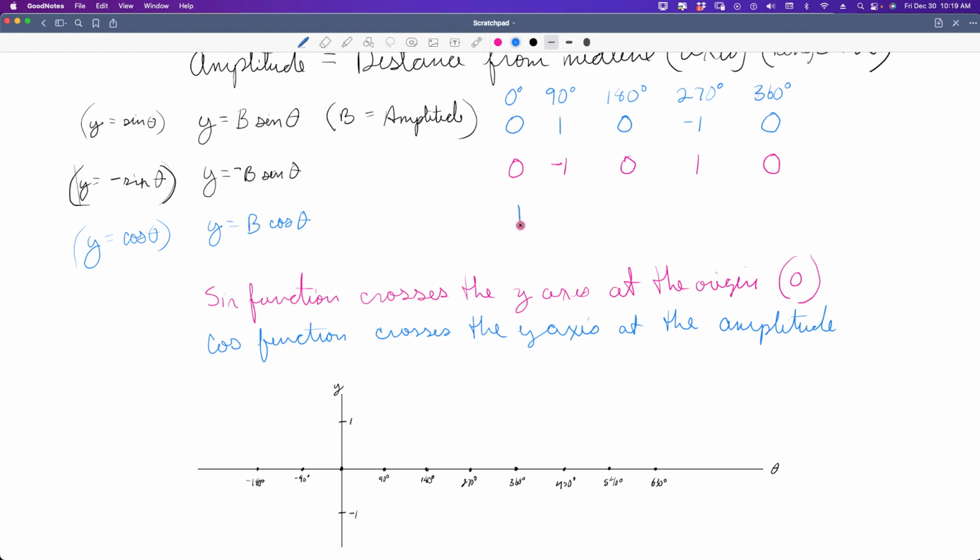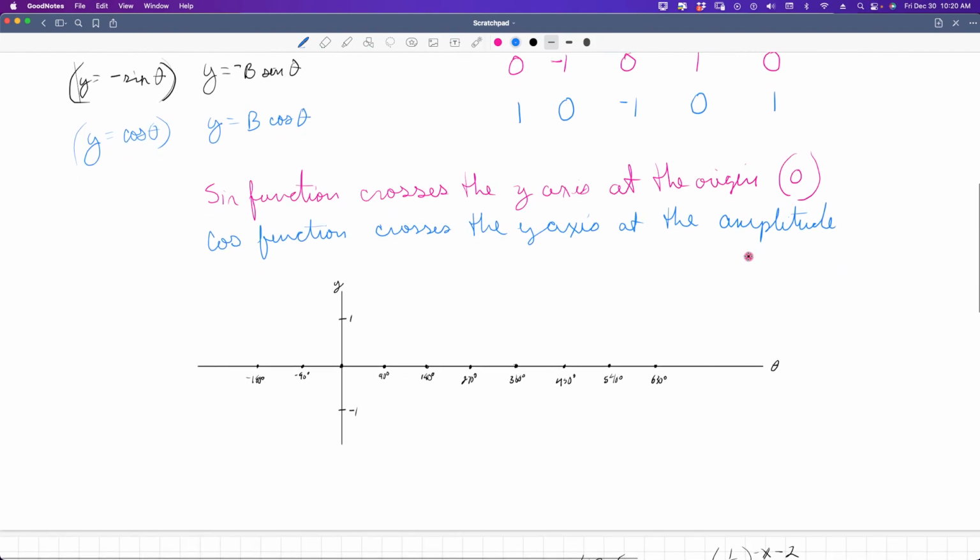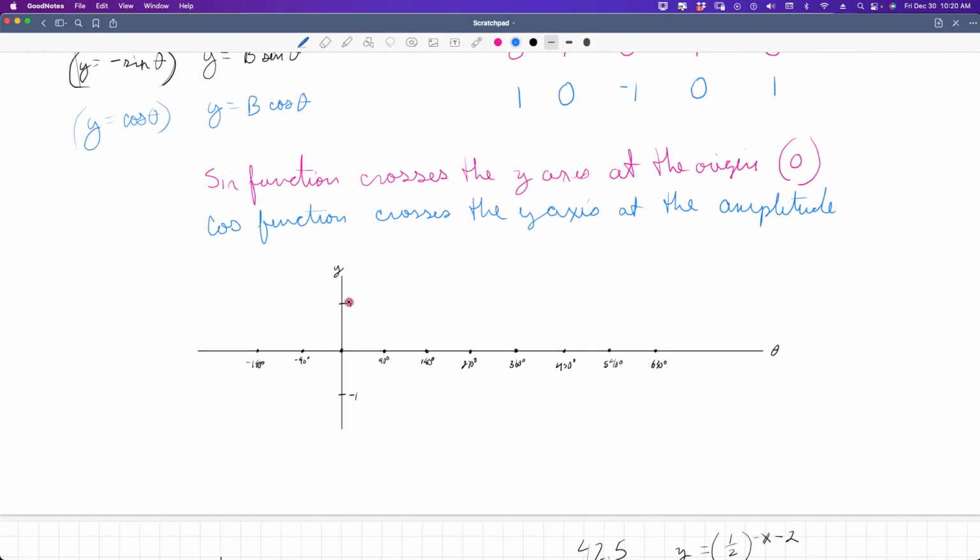So we're going to start at the positive 1, then go to 0, then go to negative 1, then go to 0, then go back to positive 1. So let's plot that down here. We're going to start at positive 1, then go to 0, then go to negative 1, then go to 0, then go back to positive 1, then back to 0, and so forth and so on.